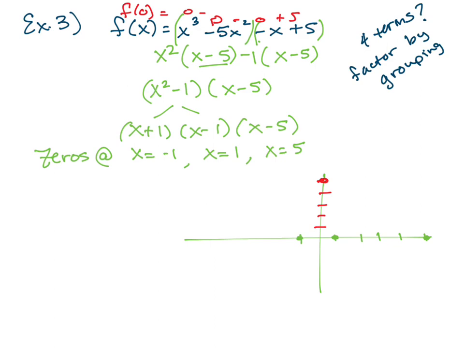Talk to me about the tails here. It's odd. So it would be down and up. Down on the left side and up on the right side. Perfect. And so now can we kind of connect the dots here? It's a pretty rough sketch, more or less without knowing anything about where these turning points actually happen.